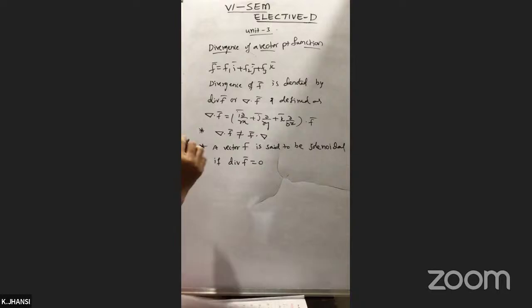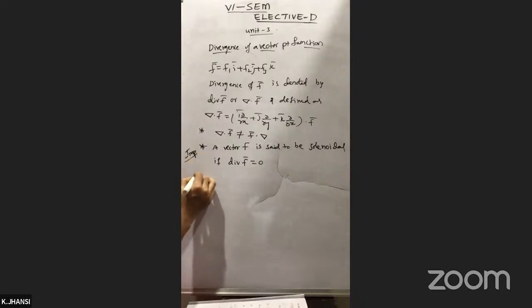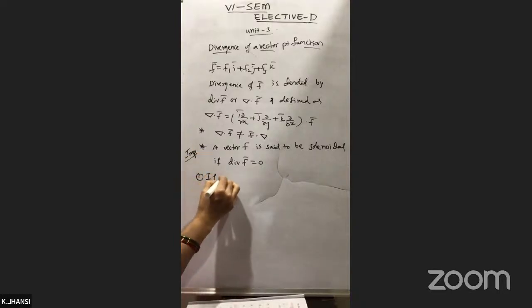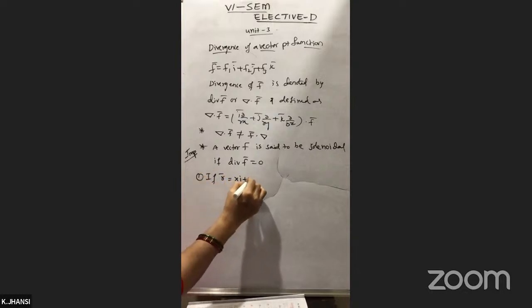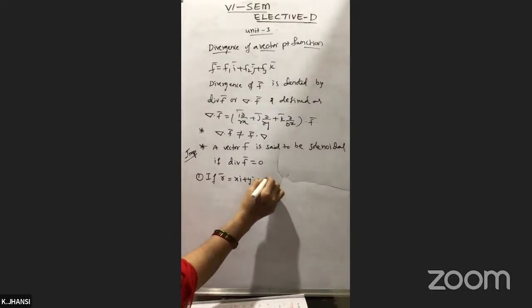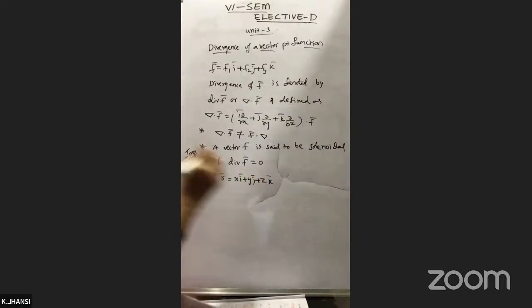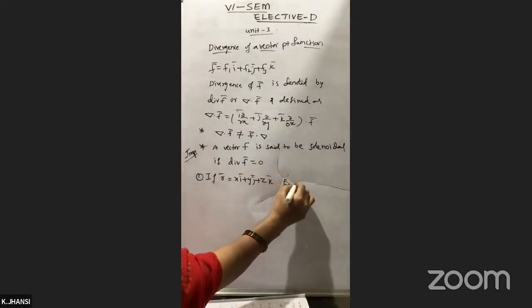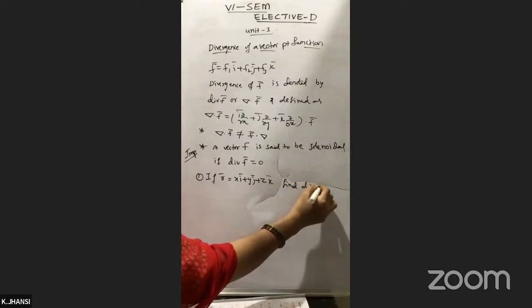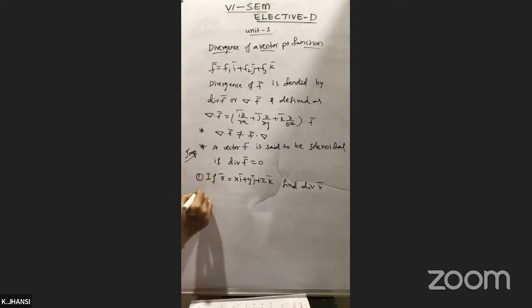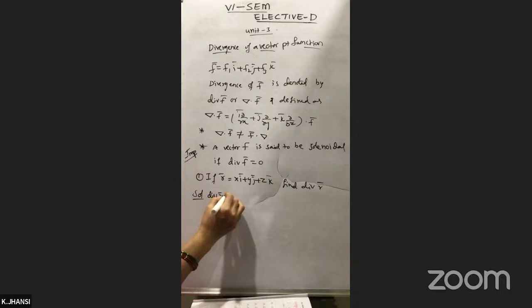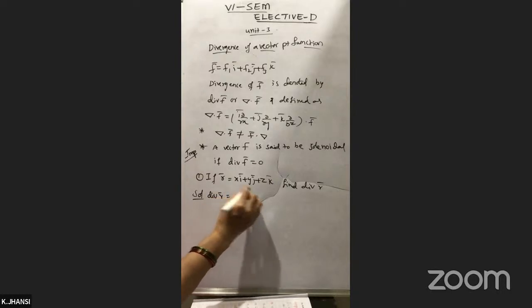Okay. So if you see one example problem, that is, if r vector is equal to xi plus yj plus zk, find div r. So divergence means del dot r.